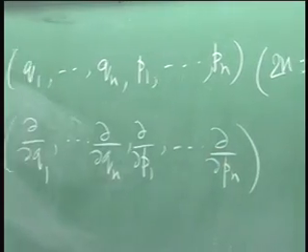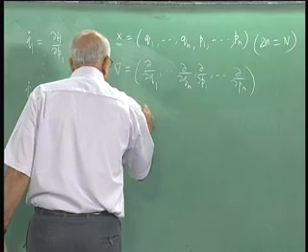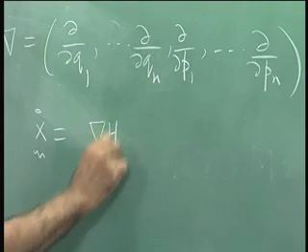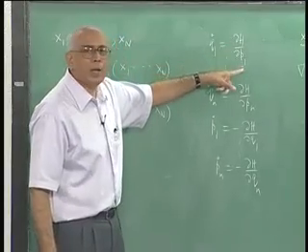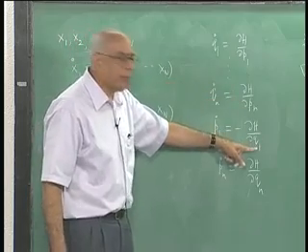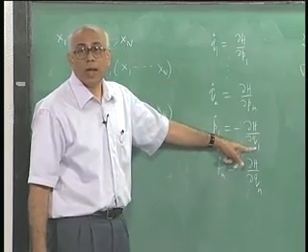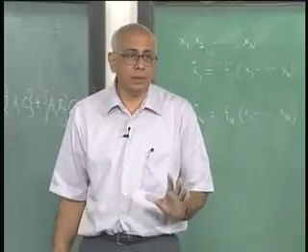This is my gradient operator, and it would be very nice if I could write x dot equal to the gradient of H. Is this true? It is not true, because this is not q1 but p1 unfortunately, and this here is not p1 but q1, and a minus sign to boot. So it is not quite the gradient.